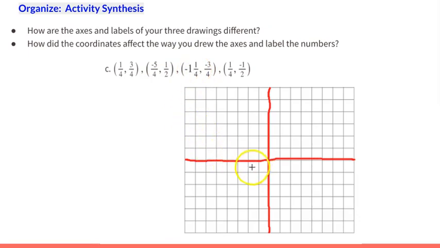So if I label every one of these as a fourth, it should make it a little bit easier.